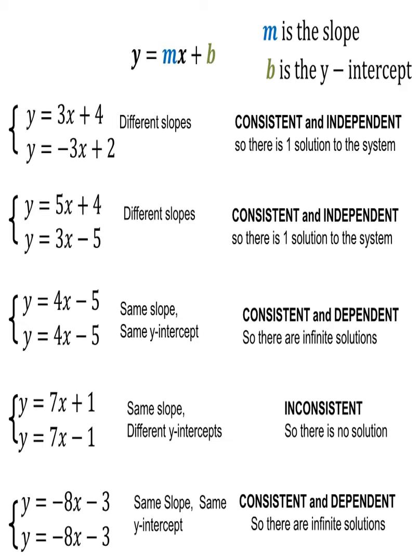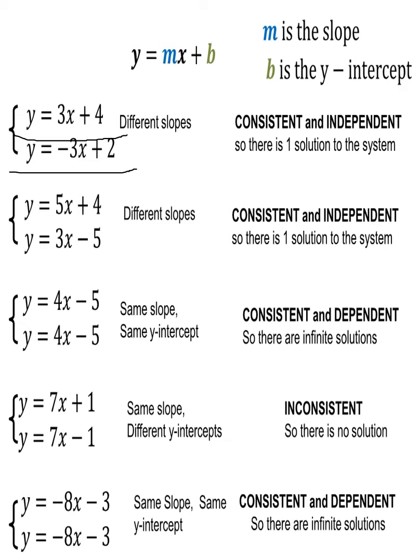Now let's check here: y = 3x + 4 and y = -3x + 2. This is a pair of linear equations in two variables where the coefficient of x is 3 in one and -3 in the other, whereas the coefficient of y is 1 in both equations, with two different constants.